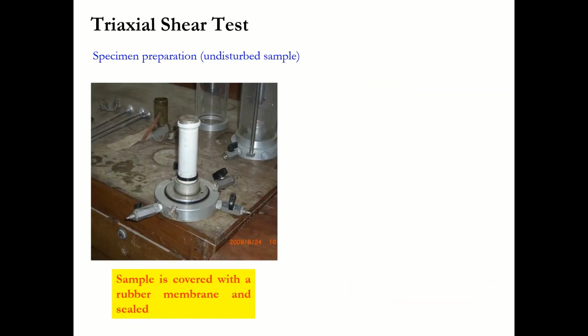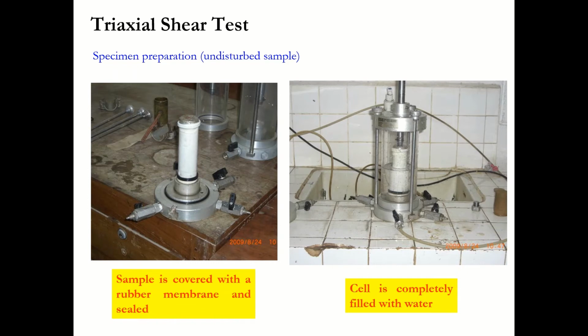After that, we cover the soil sample with a rubber membrane and seal it so that water cannot pass through it. Then we put the soil sample in the triaxial setup and fill the cell with water. And this water will simulate the all-around soil pressure.